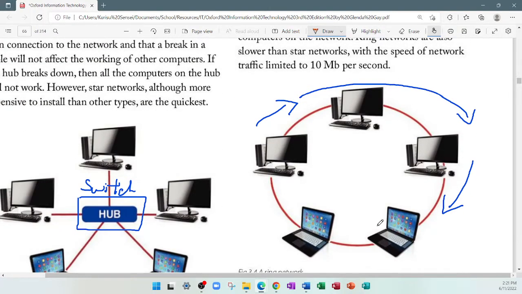But with a ring, the information only goes one way. So if at any point the ring breaks, computer 1 can send information to computer 2. Computer 2 can send to 3, but it will not reach back. So 3 cannot send back to 1, and 2 cannot send back to 1, because the link here is broken.